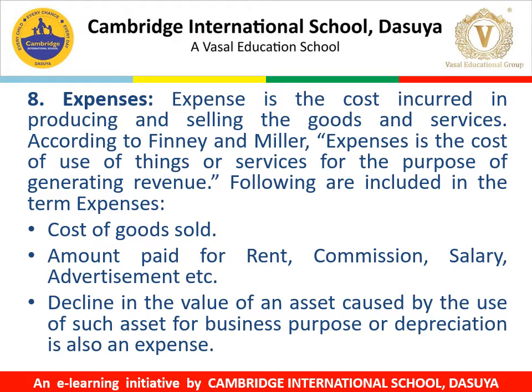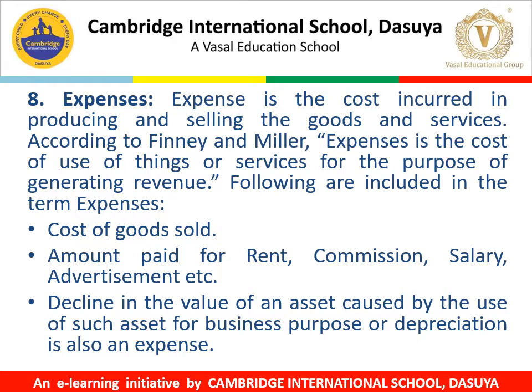This term is different from expenditure. Expenses is the cost incurred in producing and selling the goods and services. According to Finney and Miller, expenses is the cost of use of things or services for the purpose of generating the revenue. It means amount spent for generation of revenue is called an expense.